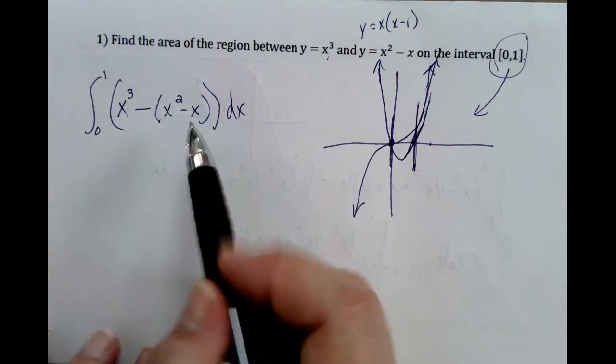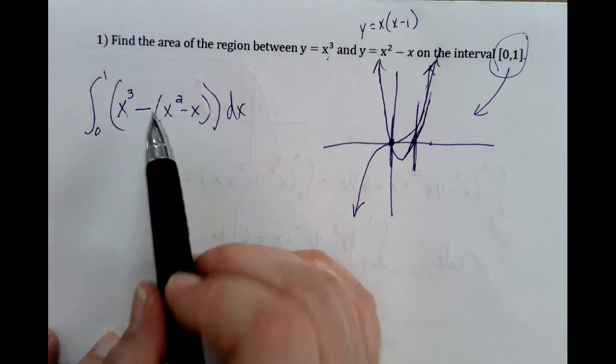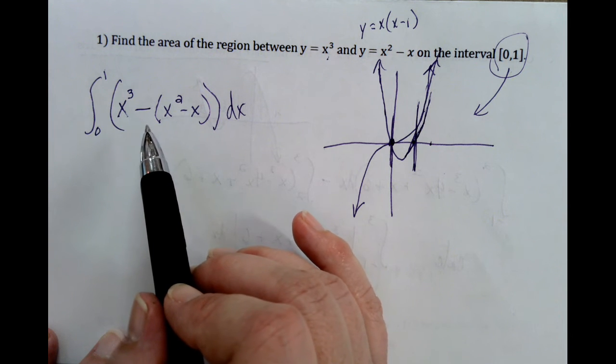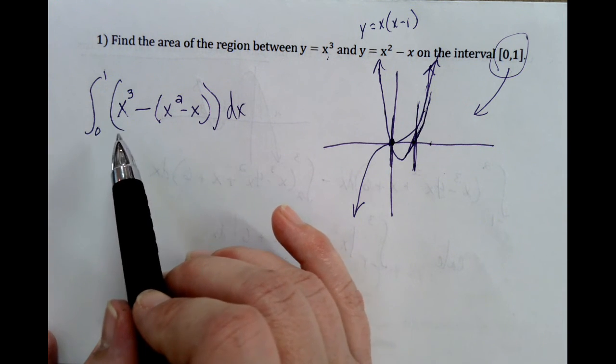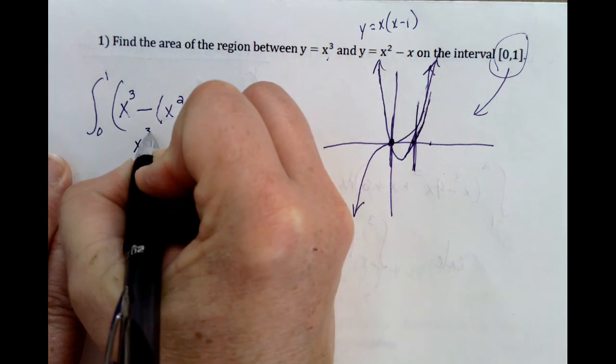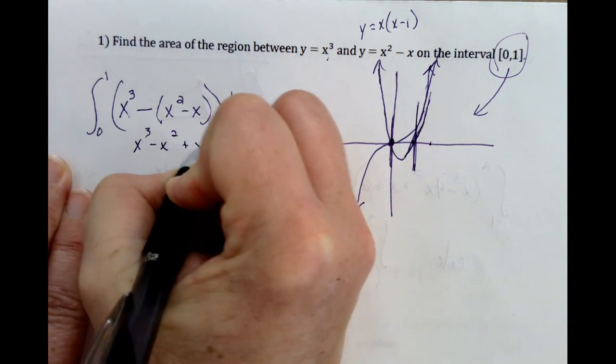But I do have to keep in mind my signs here. So that's actually going to be x cubed minus x squared plus x, right?